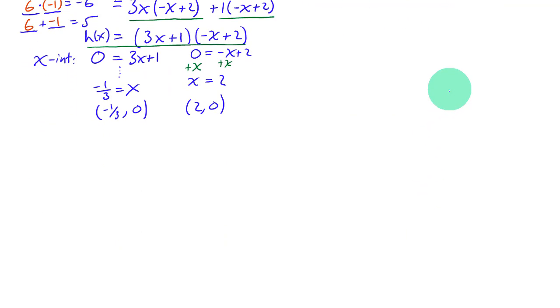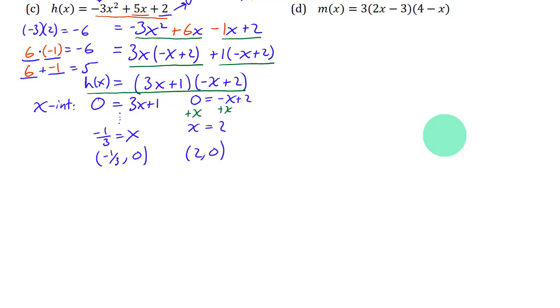All right, so let's try to plot all of the stuff. There's a y-intercept of 2. We have an x-intercept of also x equals 2, y equals 0 is right here, and also x equals negative 1/3.